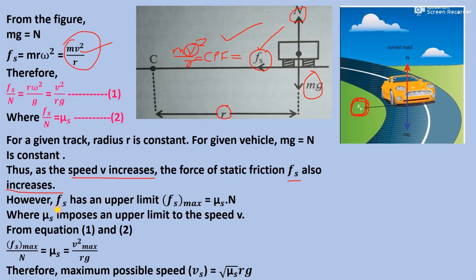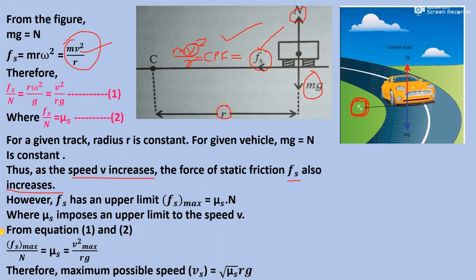So we have to consider that Fs has an upper limit, that is Fs maximum, which is mu s N. Here also, in equation 2, you can see Fs is nothing but mu s N. We have already studied this in 11th standard, where mu s imposes the upper limit on the speed v. So the calculation of mu s gives us the maximum speed of this vehicle. So what to do now?